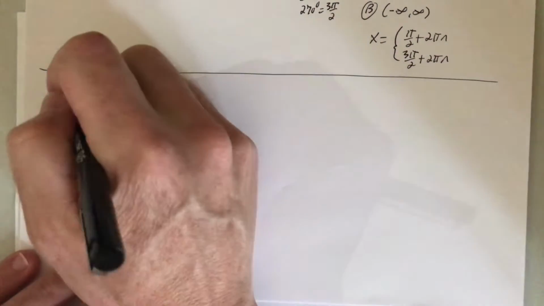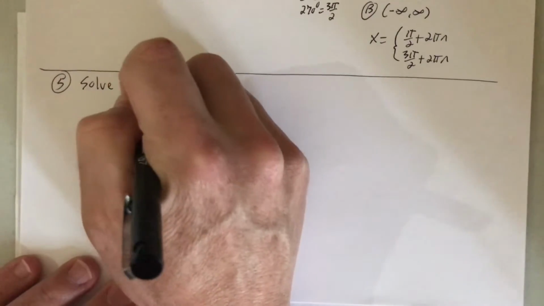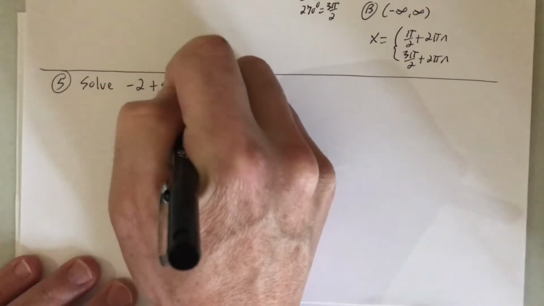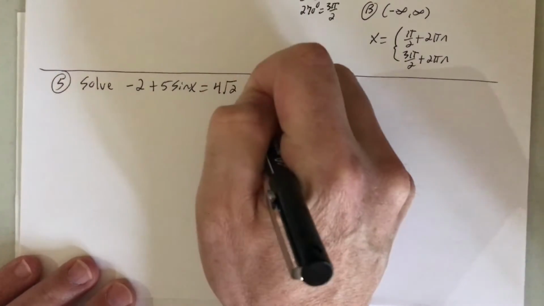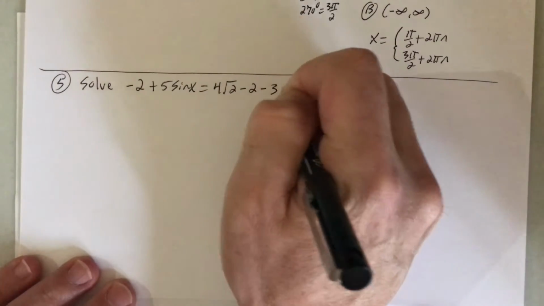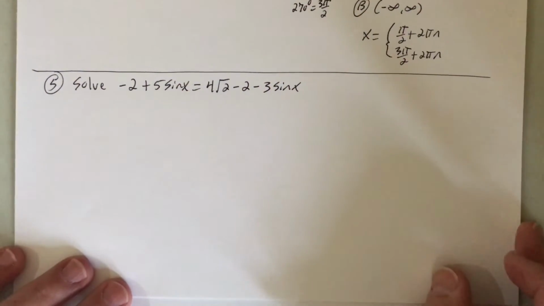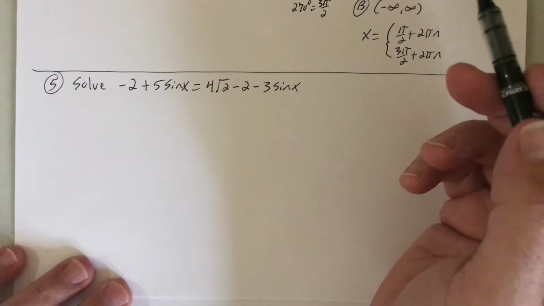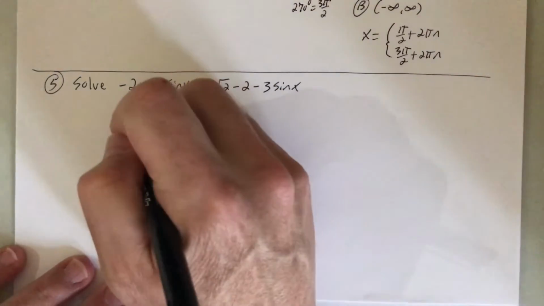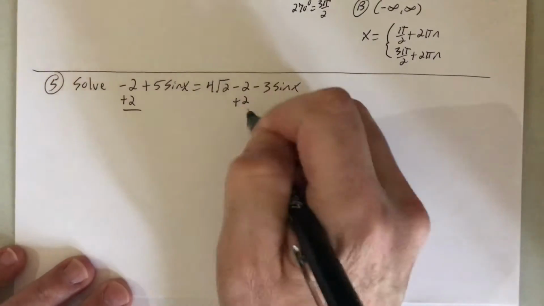So now let's look at number 5. We're going to solve -2 plus 5 sine x is equal to 4 square roots of 2 minus 3 sine of x. We want to get the sine by itself, so we can move some things around. First, I'll add 2 to both sides.